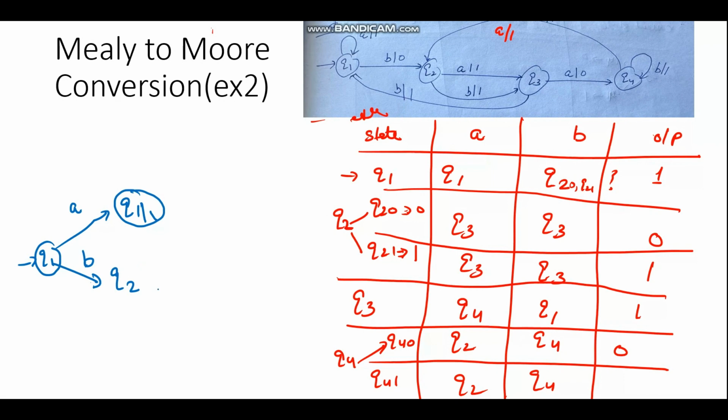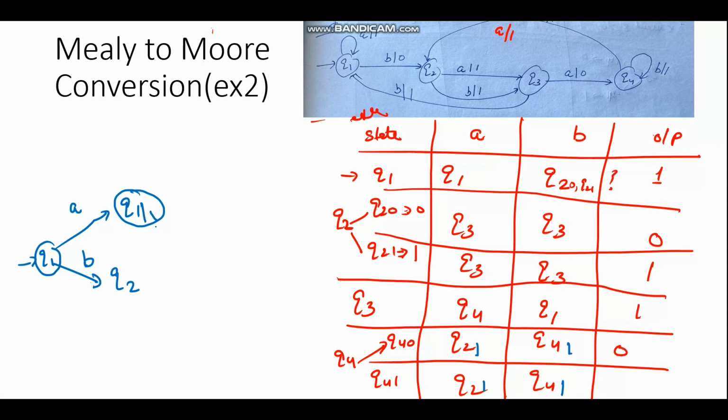In this case, we can make a few changes to make it simple. Q3 we can write over here, and here we can write the values for Q4, and here this is for Q2 1, this is for Q4 1, and this is for Q2 1, and this is for Q4 1. Now based on this, these are the table for Q1 1, and for Q1 the output is always 1.